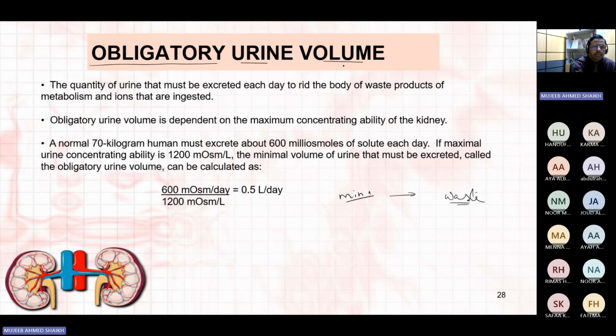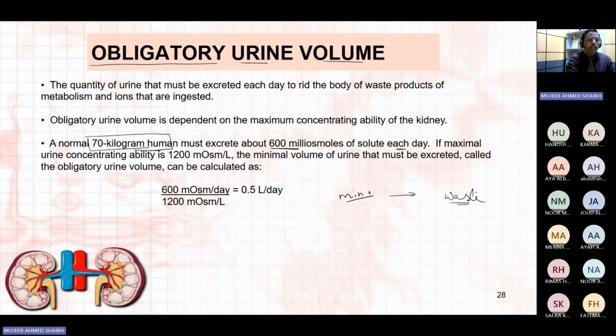Obligatory means must. So they calculated in a 70 kg normal, healthy human being that the person has to excrete almost 600 milliosmoles each day.